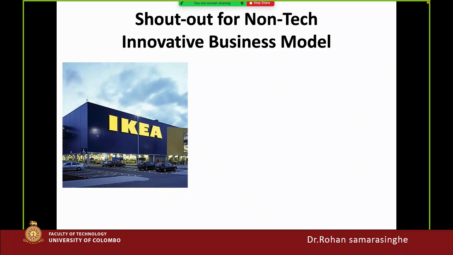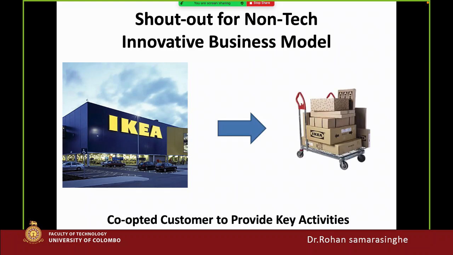They also provide these IKEA products through the internet. So you can buy everything. That means household appliances like wooden cupboards, chairs, as well as furniture, especially furniture from IKEA. IKEA is also one of the good business models in the world now. So here you can see co-opt customers to provide key activities to improve the value propositions.